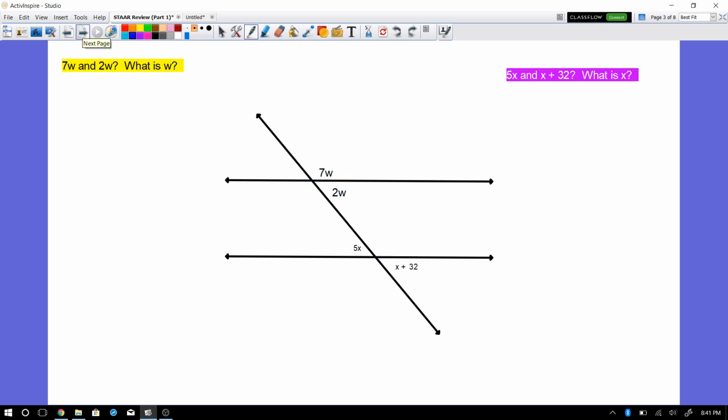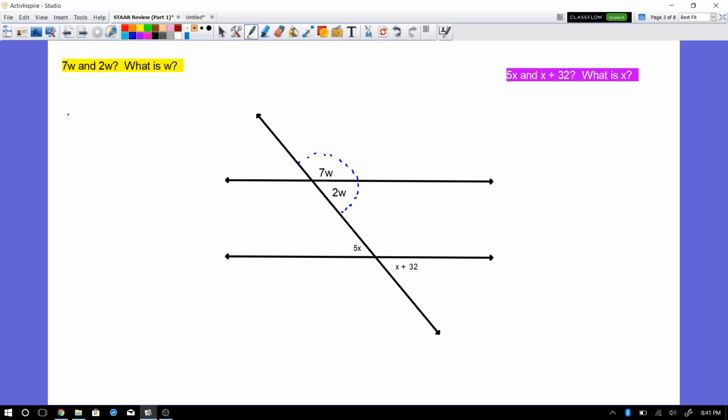Whenever we have something like this, it's going to be testing, do you understand what happens when you put 7W and 2W together? What should you get? Well, you should get 180 degrees, because whenever you're adding those two angles, you get half of a circle.